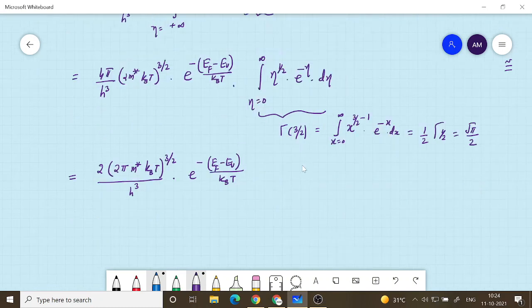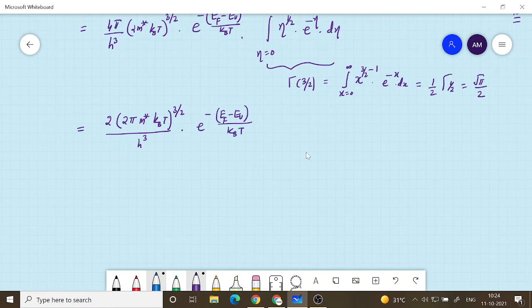Now this thing I will write like before. This I will define as NV, density of states in the valence band, and that is NV into e raised to minus EF minus EV by kBT.